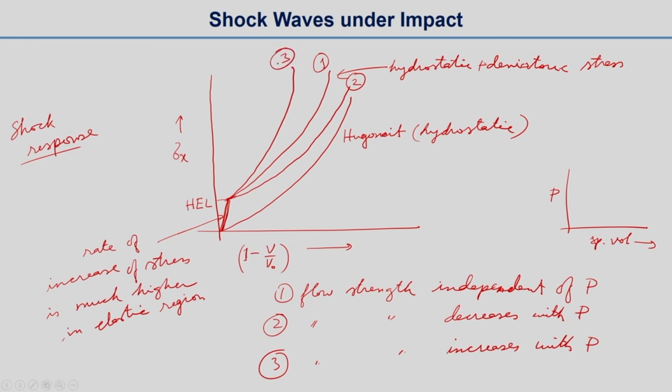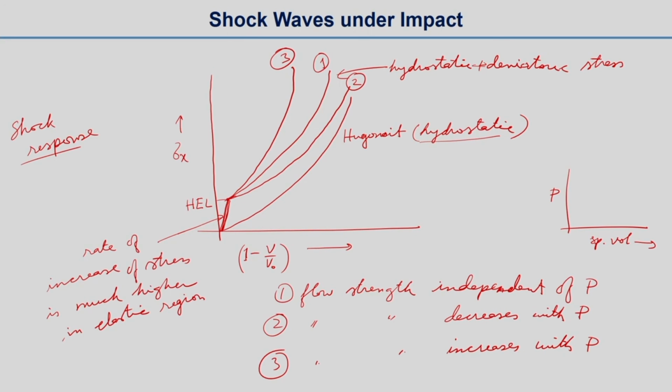Those are the 3 different cases, and we can draw them like this. But basically the Hugoniot curve is different because we do not have the deviatoric component of the stress, we considered only the hydrostatic part. That is why it differs from the curves of different materials.